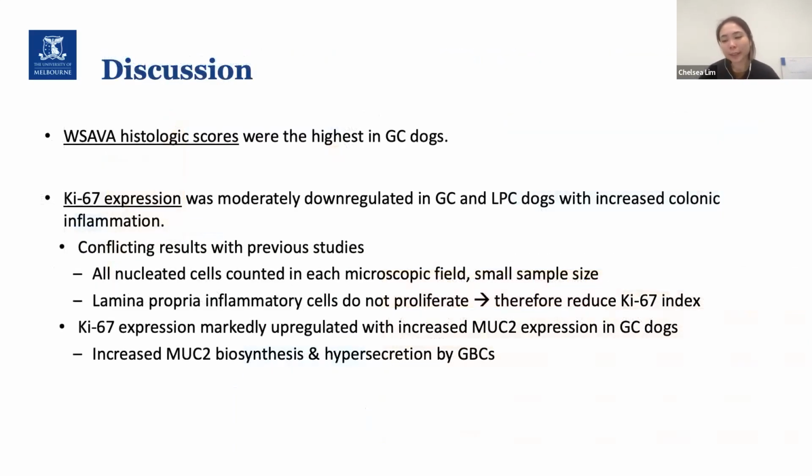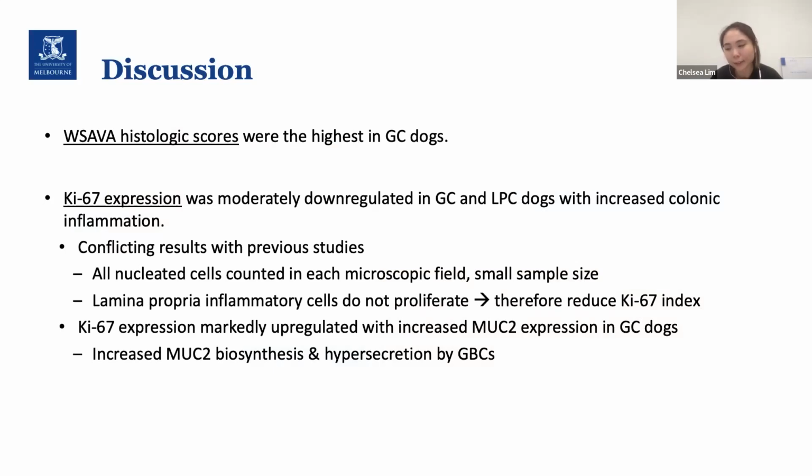To summarize the key study observations, GC dogs had the most severe colonic inflammation histologically, as indicated by the Washabau histologic score. Ki67 expression was moderately downregulated in GC and LPC dogs with increasing colonic inflammation.